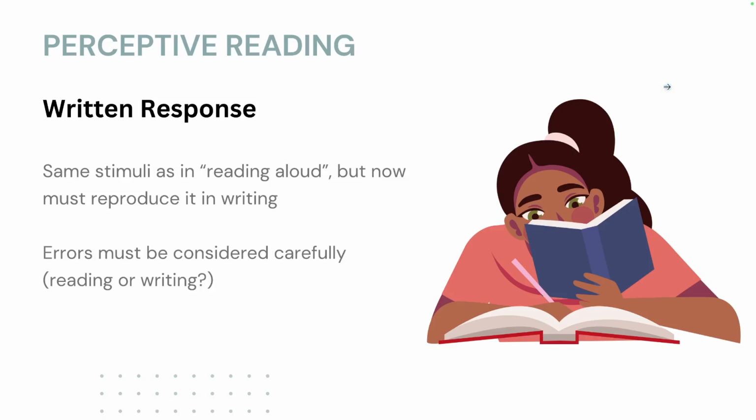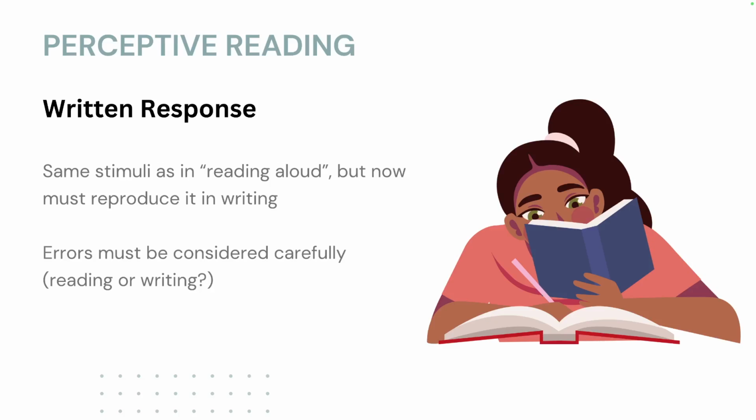Okay, you can also have written response. This is the same stimuli as in reading aloud, but now they have to reproduce it in writing. So in this case, you're basically copying a sentence or copying words. So I see CAT on the paper and I write CAT on mine. But you have to really think about this type very carefully when you do your assessment.